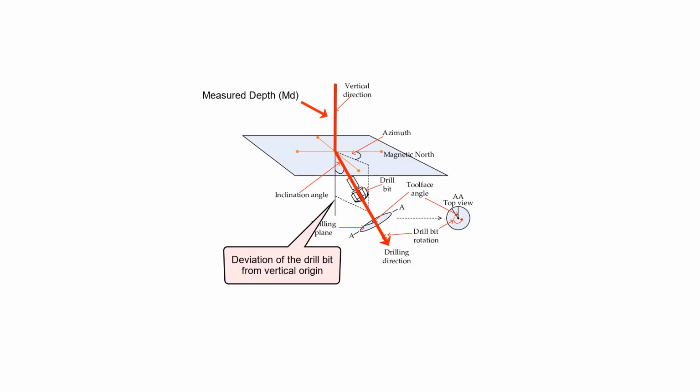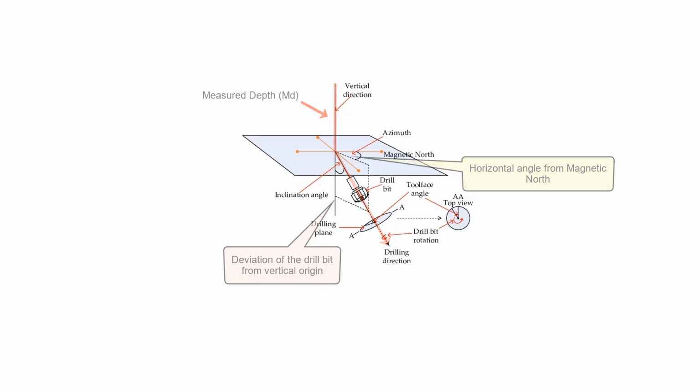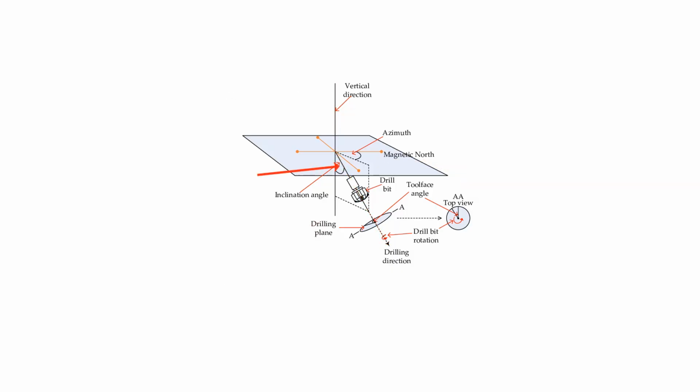And for azimuth, this is an angular measurement in a spherical coordinate system, and more specifically, it is the horizontal angle from a cardinal direction, mostly north. Okay? As you can see from this image, here is the inclination angle, azimuth angle, as well as the magnetic north. You can also see the drill bit and the direction of the drill bit. Okay? Now back to the data.